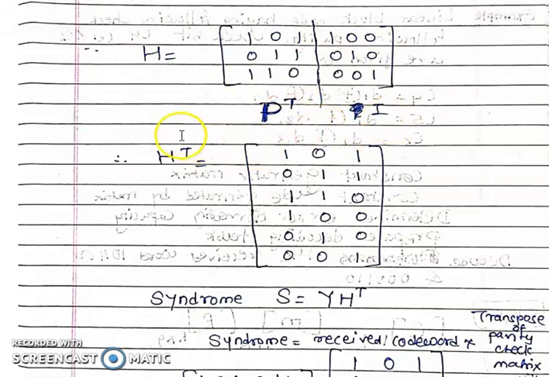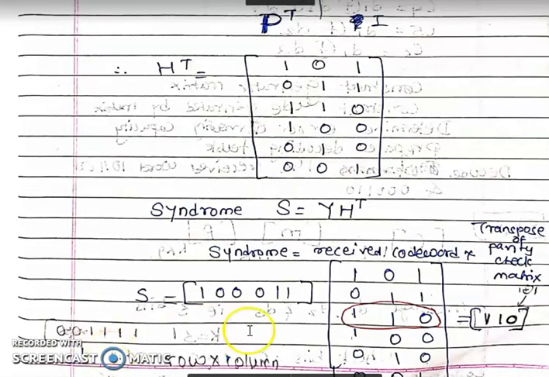We have to find H transpose because that is required in the syndrome equation. The syndrome equation is given by S is equal to Y, which is the received code word, into H transpose. So from the given H we have to find out the H transpose.